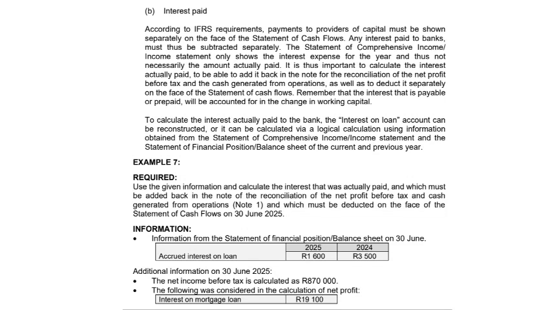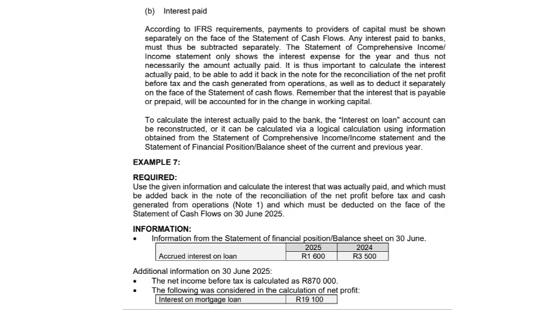Example 7. Required: use the given information and calculate the interest that was actually paid and which must be added back in the notes of the reconciliation of the net profit before tax and cash generated from operations, note 1, and which must be deducted on the face of the statement of cash flows on 30 June 2025.